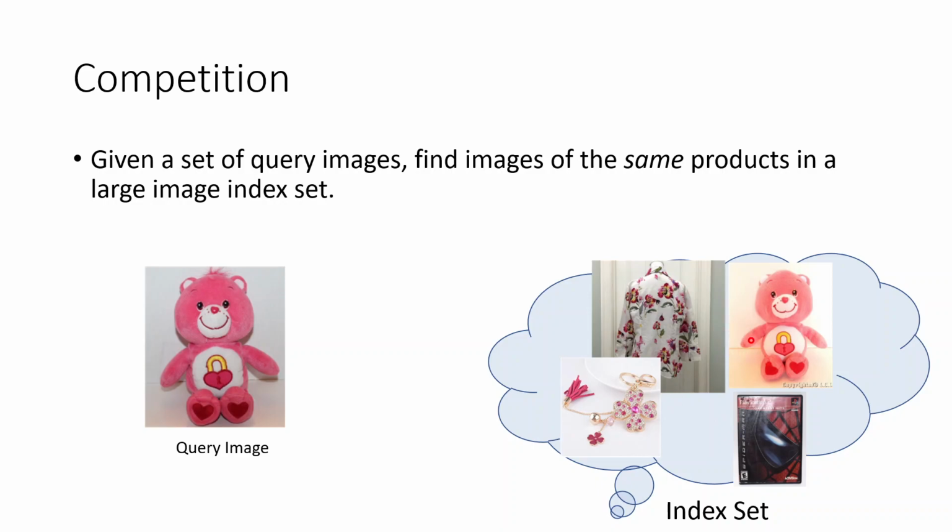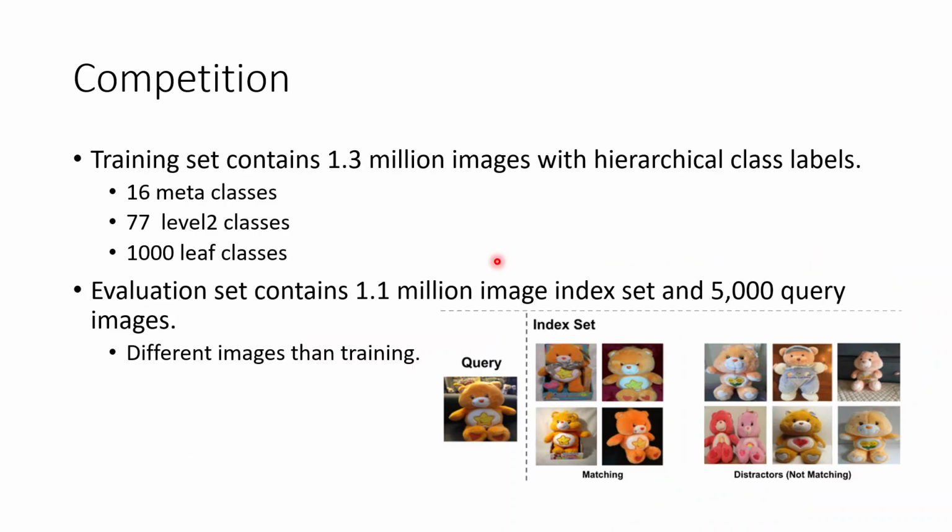Our task is to find the identical products in the index set for a query image. So how do we find all the exact same teddy bears in the index set, for example? The products that we find have to be the same product.